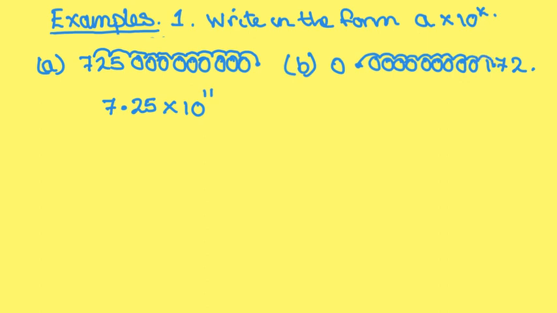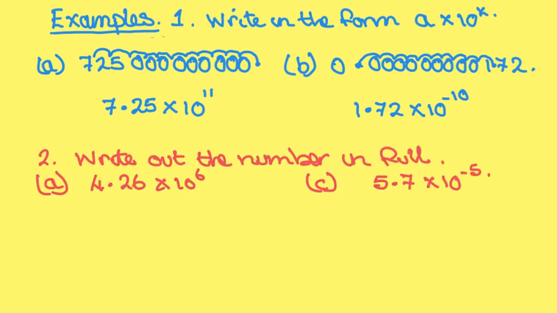So the decimal point would go there. So now we could write 1.72 times 10, and because we've moved the decimal point to the right, it is negative, so it's minus 10. So 0.0000000000172 in standard form would be written as 1.72 times 10 to the minus 10.